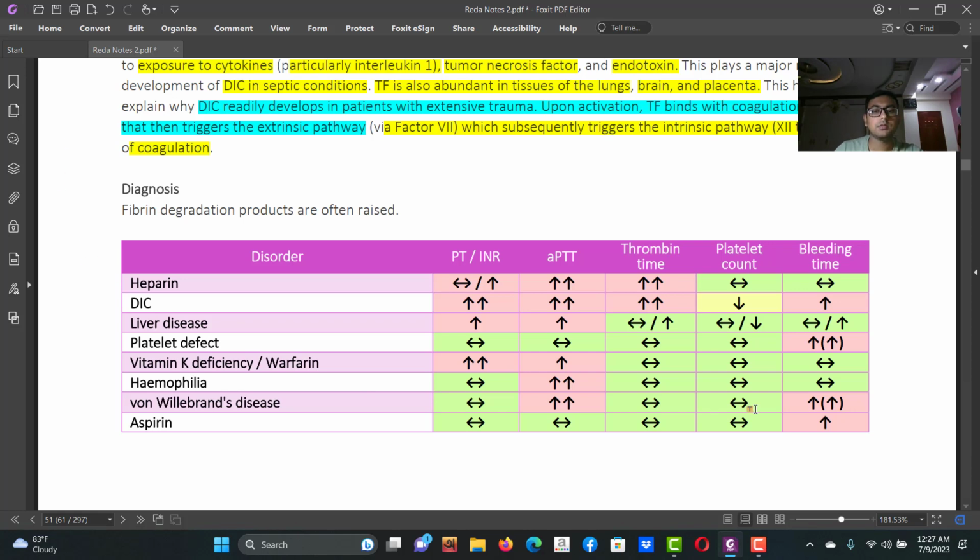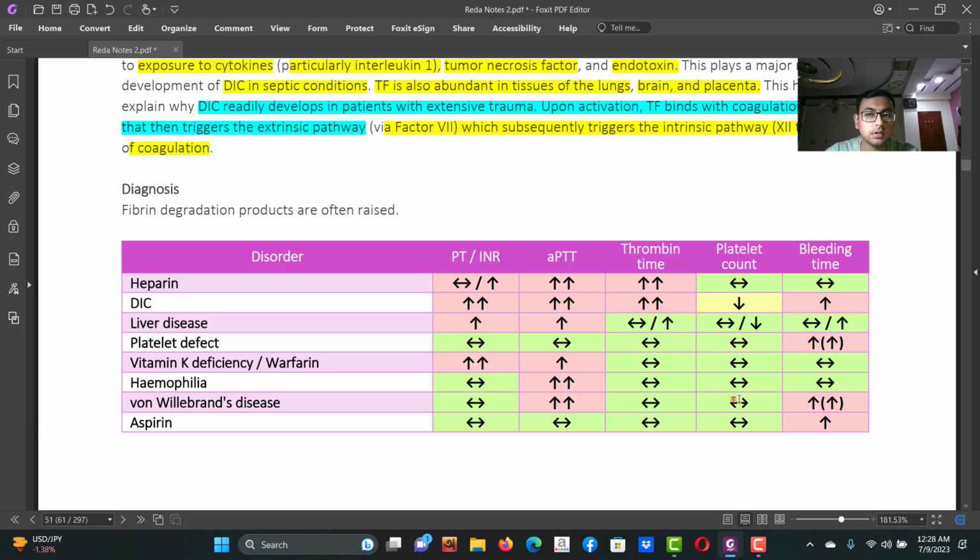You need to memorize this chart. It's very important, because in the exam, sometimes the examiner may ask like this: the patient is taking rivaroxaban or apixaban for 6 days. In that case, we are going to perform an operation. How many days before do we need to stop rivaroxaban or apixaban?